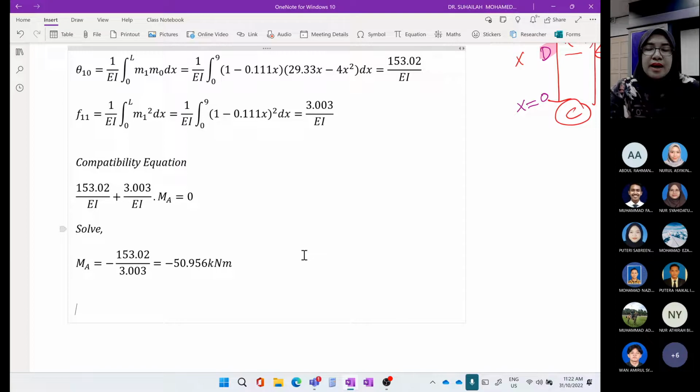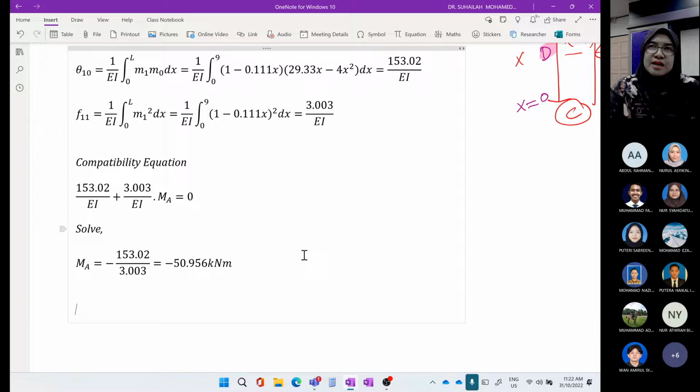Okay, so this is redundant. Redundant can be actually redundant. We can calculate remaining reaction. Dah dapat redundant kan? Dah dapat redundant bukan the end of analysis sebab kita kena completekan 4 unknown reaction. Now we only have 1. So we have to continue to calculate remaining 3. And remaining 3 can be determined by either using equilibrium equation or using principle of superposition.